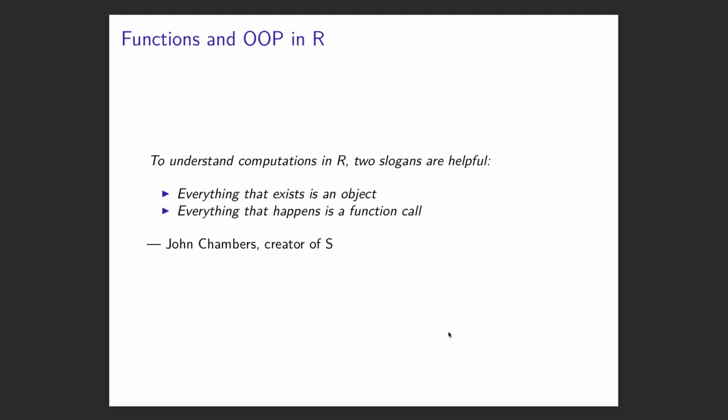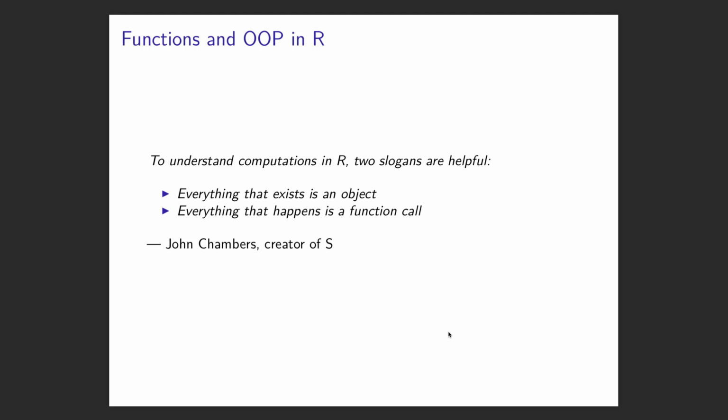Interesting fact: when they were first creating the language S, they originally wanted to call it SAS, for Statistical Analysis System, but that name happened to be taken by another piece of software at the time. It was also created in AT&T Bell Labs, so they decided to name it after a single letter.